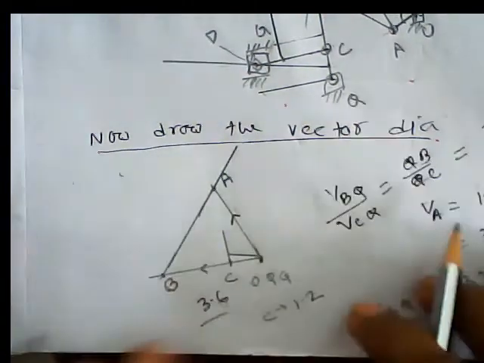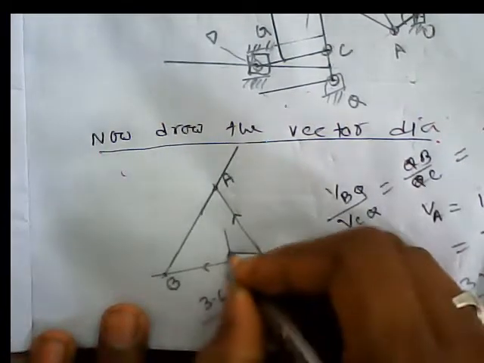These two lines intersect, that is the point D slider.